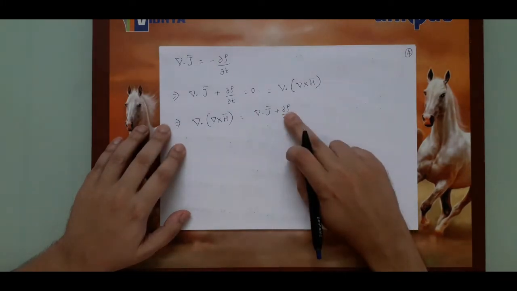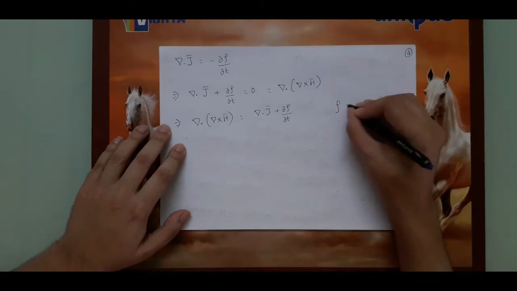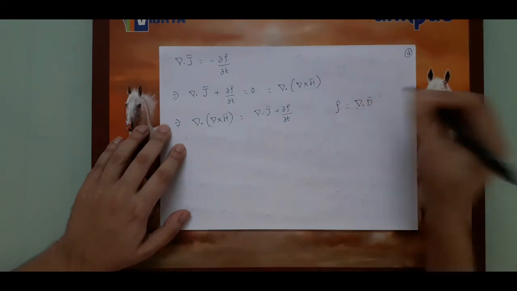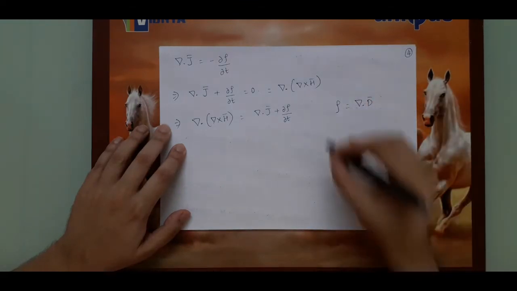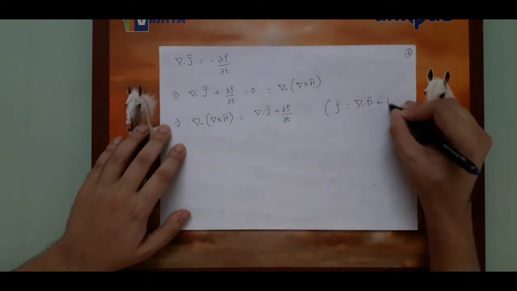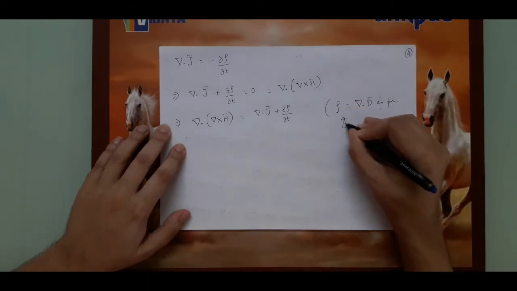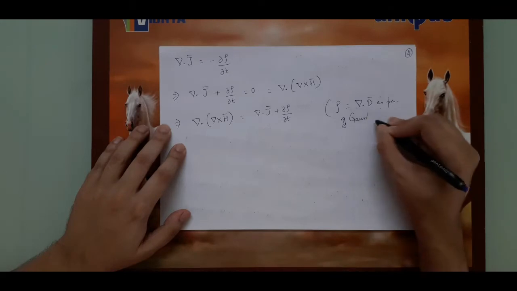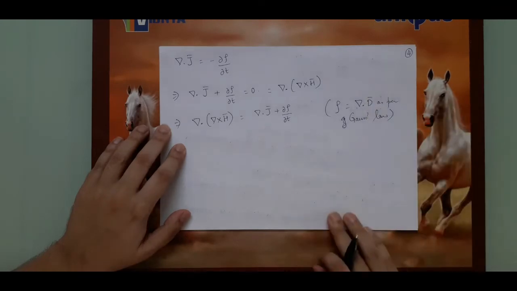Now, as per Gauss law, I can write rho as nothing but the divergence of the electric displacement density. We proved this in the last class.